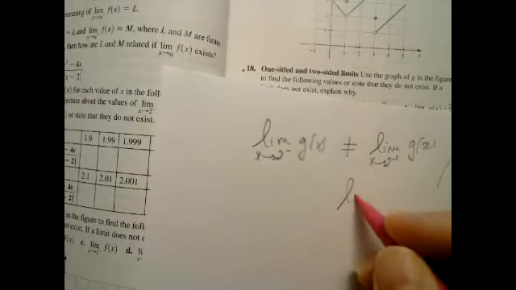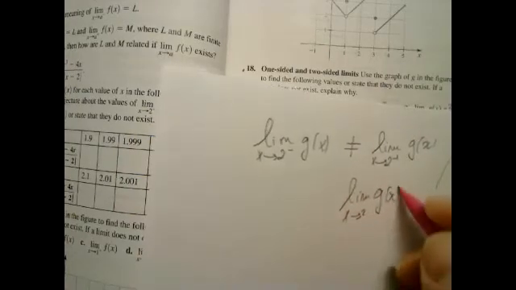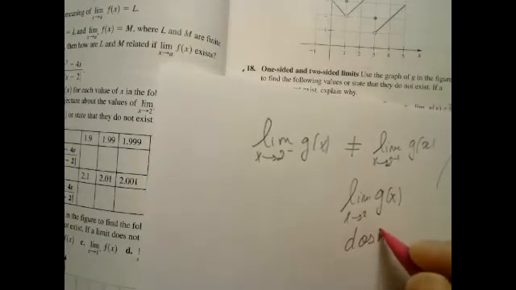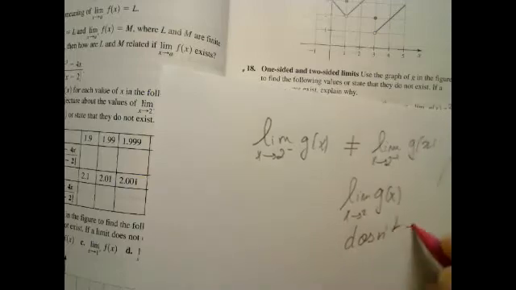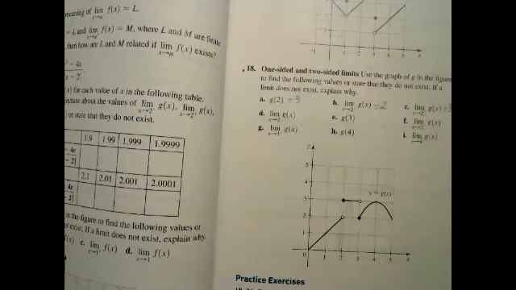If this doesn't occur, it means that the limit as x becomes close to 2 of G of x does not exist. Okay. All right. Now let us proceed.